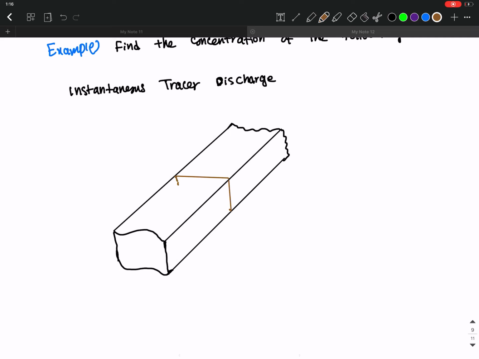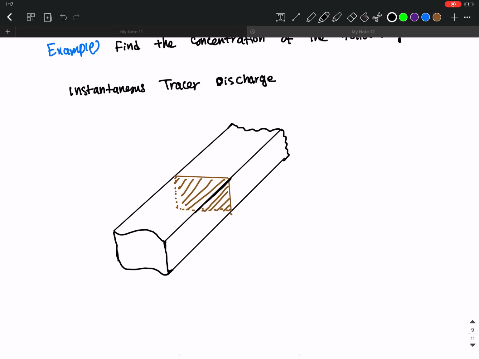Let me do it again. So this is like the tracer that is released.